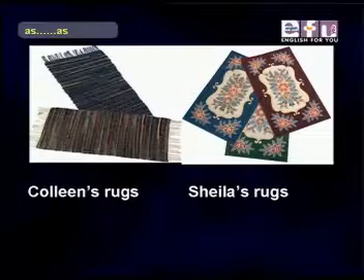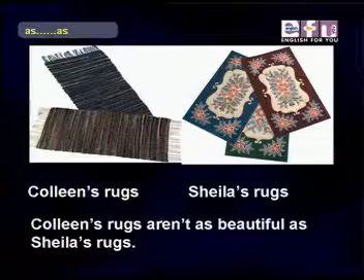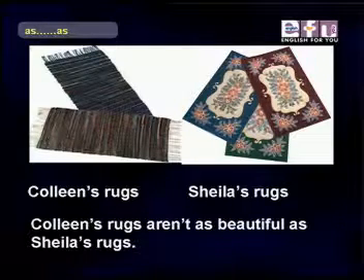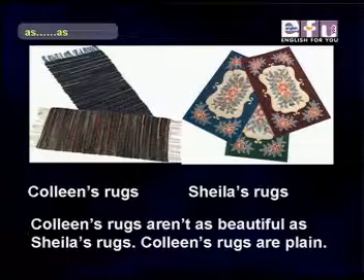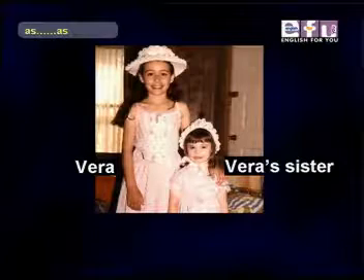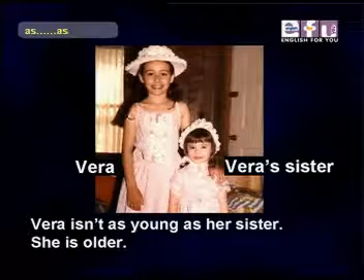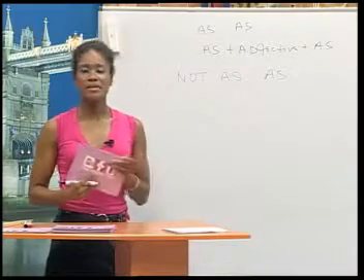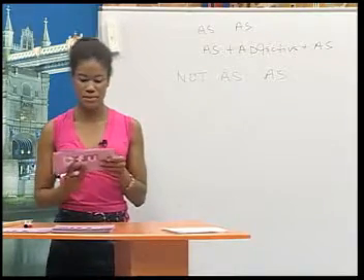Now look at Colleen's rugs and Sheila's rugs. Colleen's rugs aren't as beautiful as Sheila's rugs. Colleen's rugs are plain. Now Vera and Vera's sister. Vera isn't as young as her sister. She is older. Now let's practice as and not as.